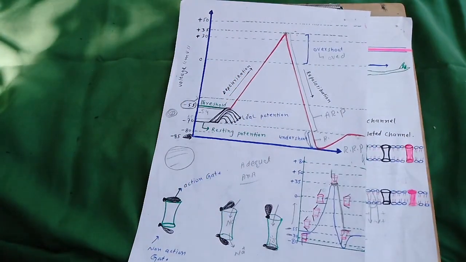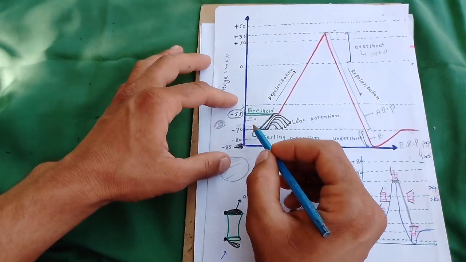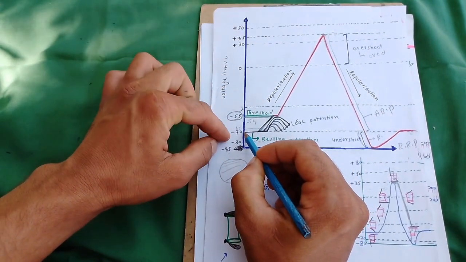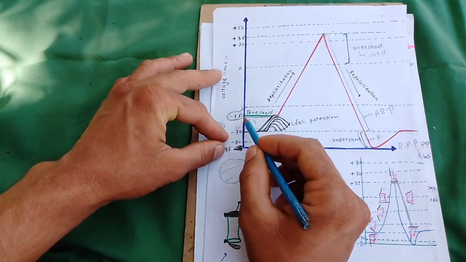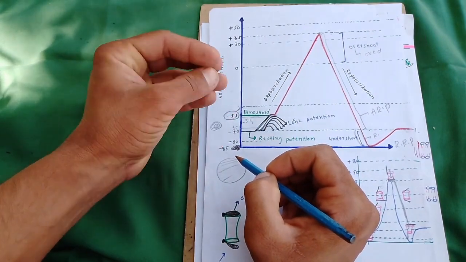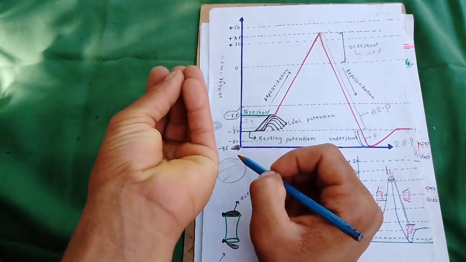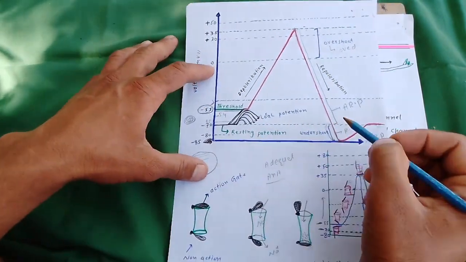Why is it called the relative refractory period? At the first stage, we take the depolarization from minus 70 to minus 55, so it requires a small amount of threshold stimulus.